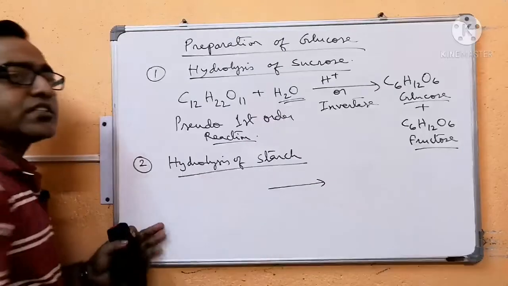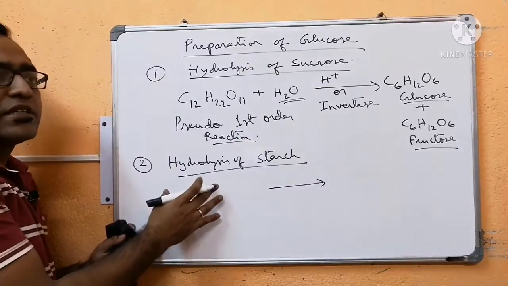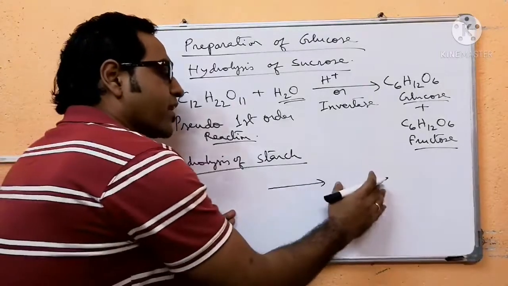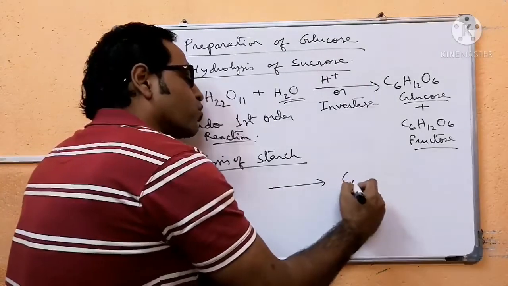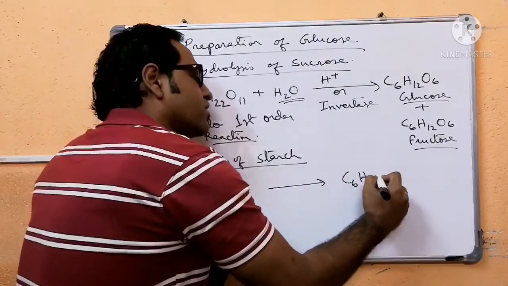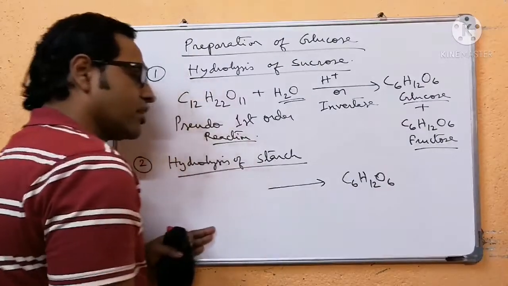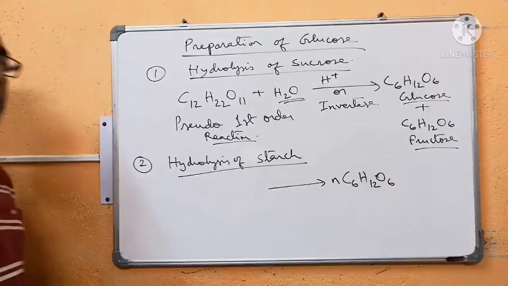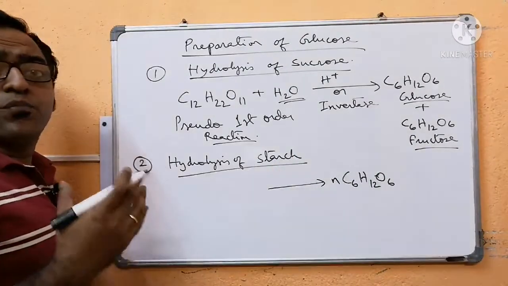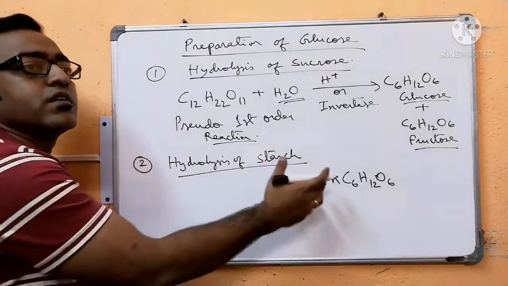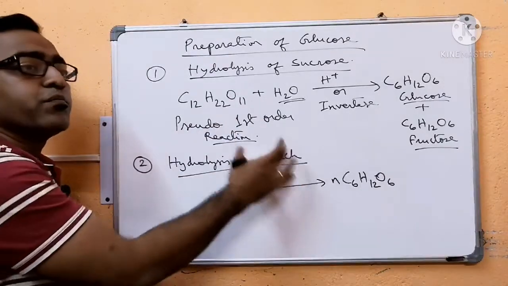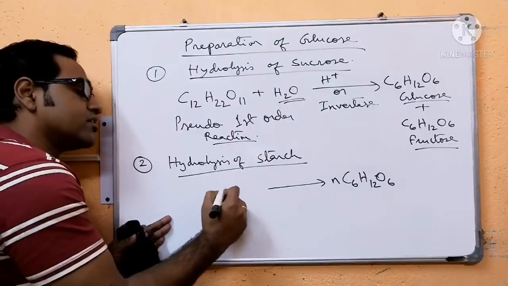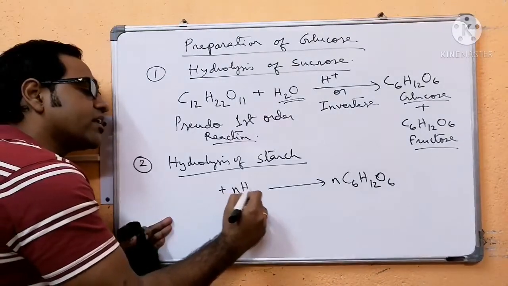Now, how to memorize this equation? It seems a little difficult, but actually it is not difficult at all. The final product which you are getting is glucose, C6H12O6. You will be getting n number of C6H12O6 because starch is a polymer of glucose, a polysaccharide. Since we are doing hydrolysis, n number of water.